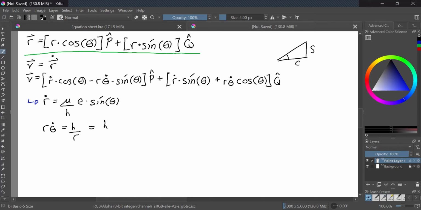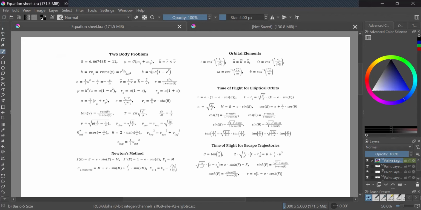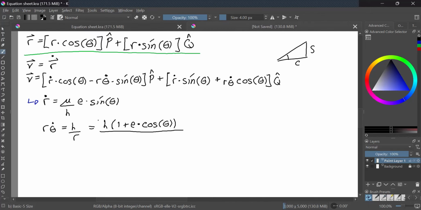So we'll have h, and then because it's inverted, the denominator goes up top, so that's 1 plus e times the cosine of theta, and that is all over, this would be p, but I'm going to use h squared by mu, because there's already an h right here.